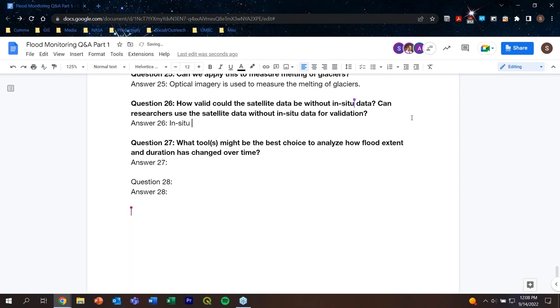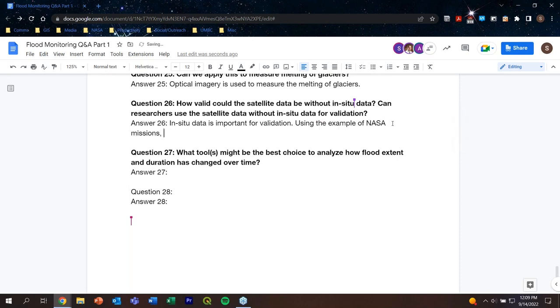If you look at NASA missions, along with each mission, there are field experiments for validation, as well as aircraft flights in certain areas. So there is some form of validation done for each mission, but it's not everywhere. So it is difficult to see accuracy of satellite data if you don't have any other means of validating.